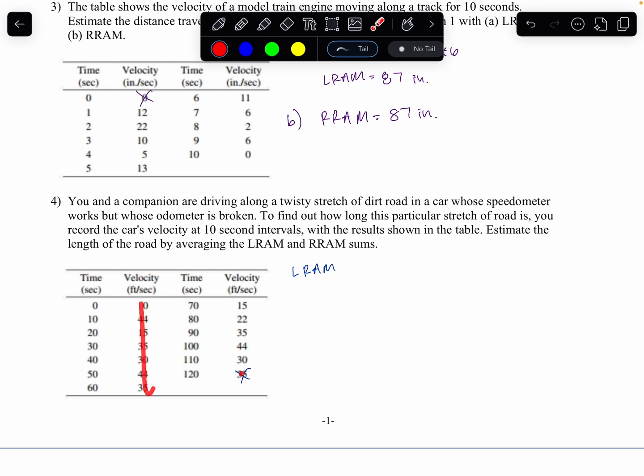So we're going to sum up all of this right here. So LRAM is going to be equal to 44 plus 15 plus 35 plus 30 plus 44 plus 35 plus 15 plus 22 plus 35 plus 44 plus 30. And I get 349.